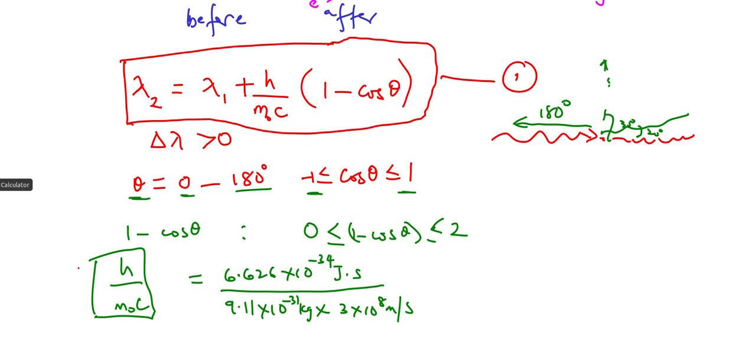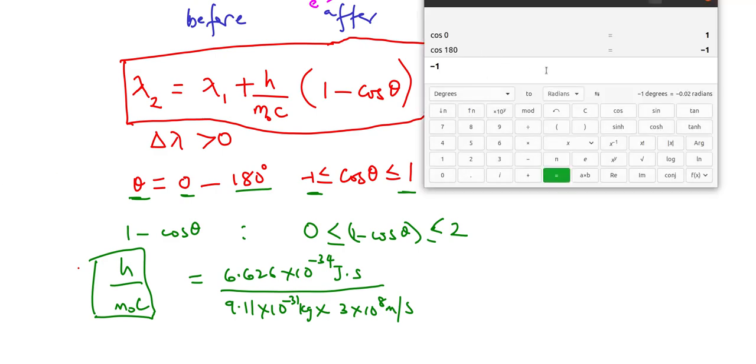So if you take out your calculator and evaluate this, you have 6.626 times 10 raised to the power minus 34, divided by 9.11 times 10 raised to the power minus 31, then times 3 times 10 raised to the power 8.